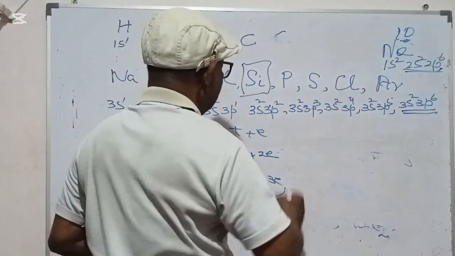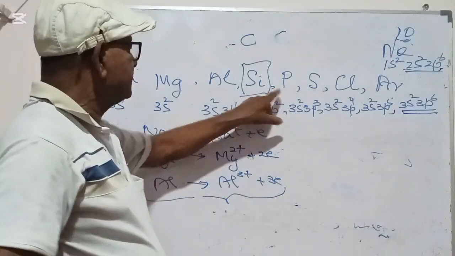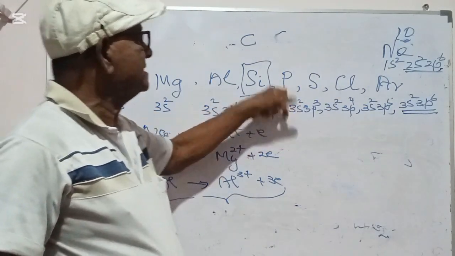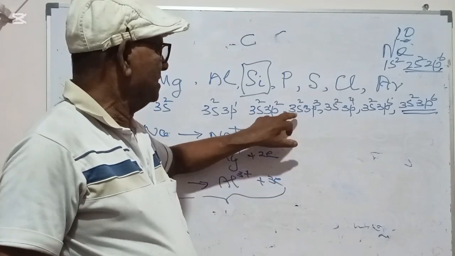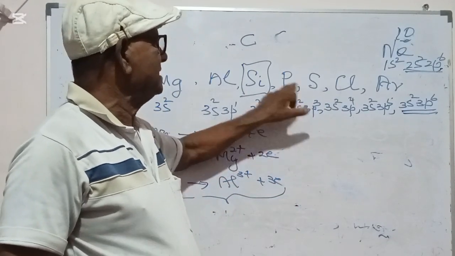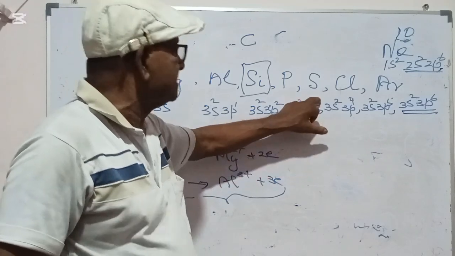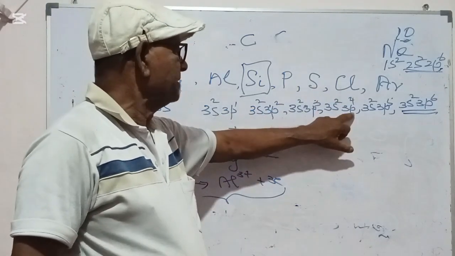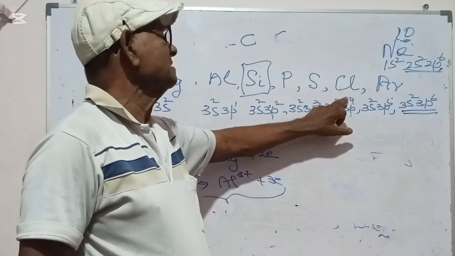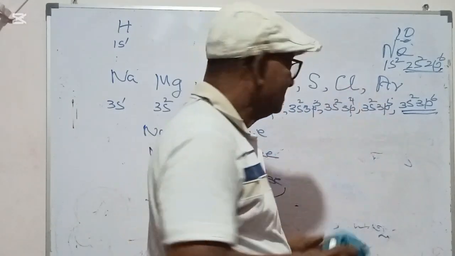Then, after silicon, phosphorus gains the argon configuration. So 3s2 3p3 to be completed as 3s2 3p6, it should gain 3 electrons. Sulfur should gain 2 electrons. Chlorine should gain 1 electron.